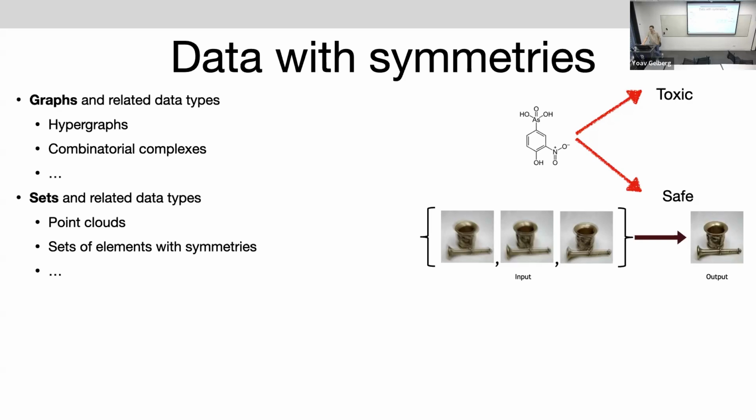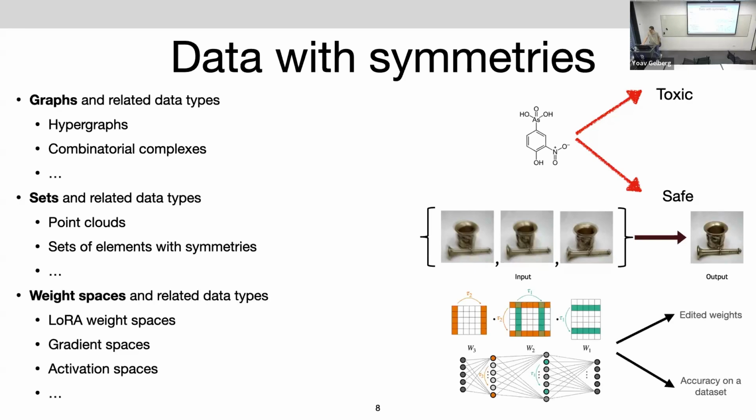Sets are essentially data structures in which we do not really care about the order in which the elements are given to us. So this includes point clouds. It includes sets of elements with their own symmetries. For example, we will see today an example of sets of graphs. And this will be particularly interesting in the first talk.